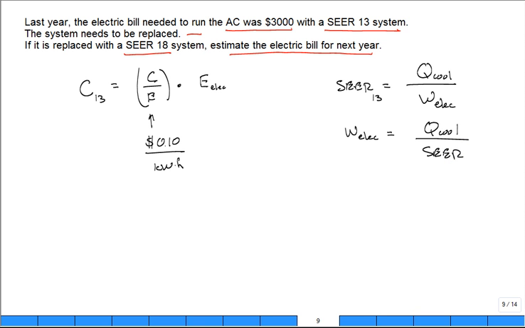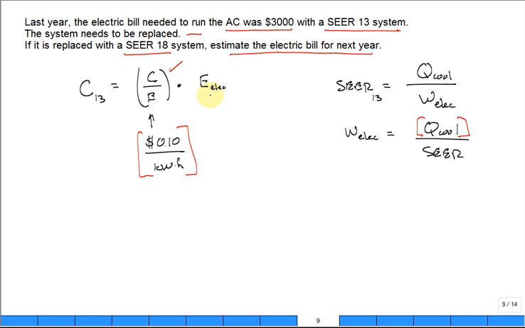Okay. Now this is where you start to get into assumptions. I'm going to assume the cost of the electricity doesn't change from year to year. Also, what else is going to stay the same? How much cooling you need for that summer. So one summer shouldn't be dramatically hotter than the other summer for comparison purposes. Okay.